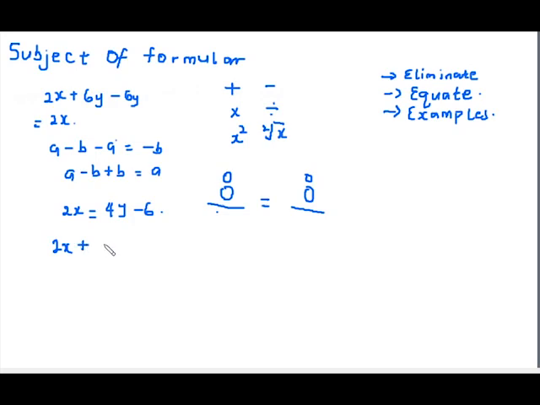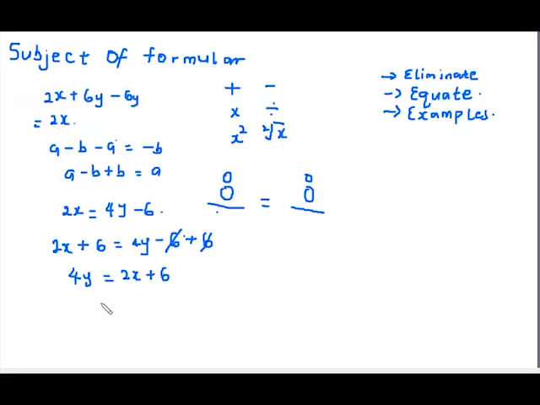So this is 2x plus 6 equals 4y minus 6 plus 6. Minus 6 plus 6 is ultimately 0, and then you have 4y equals 2x plus 6.